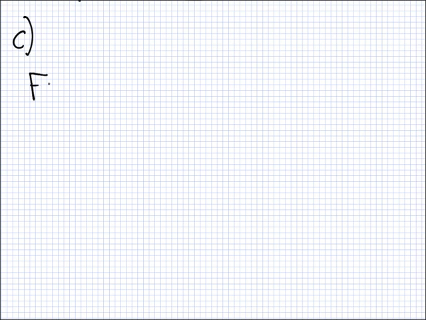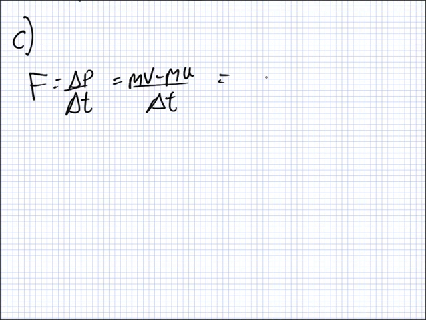The first: F equals delta P over delta T, which equals mv minus mu over delta T. But in situation 1, one of these is 0. Which one? V. So the answer is minus mu over delta T. I'll call this F1 for situation 1.